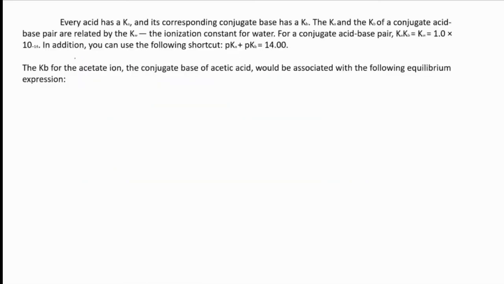So every acid has a Ka, and its conjugate base has a corresponding Kb. The Ka and the Kb of a conjugate acid-base pair are related by Kw, which is the ionization constant for water. So for a conjugate acid-base pair, Ka times Kb is equal to Kw, which is 1 times 10 raised to negative 14.